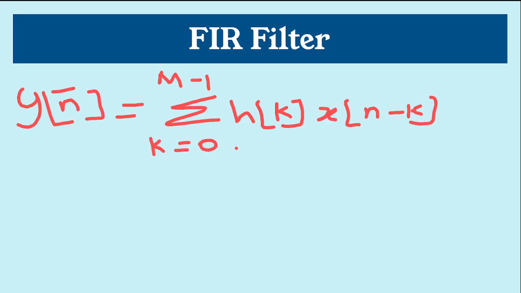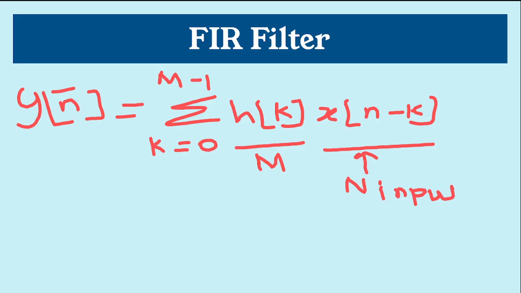So what happens is we have M filter coefficients, and here we have N input samples. For each input sample, we go and do this multiplication operation.